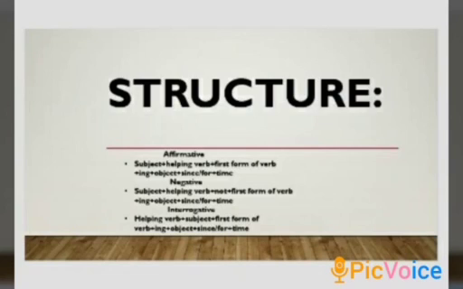For negative: subject plus helping verb plus not, first form of verb and ing, then object, then since or for, and then time will come. For example, she has not been learning tables for 5 hours.